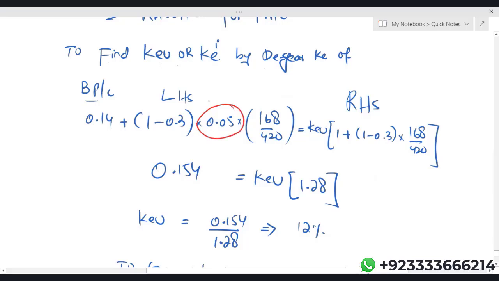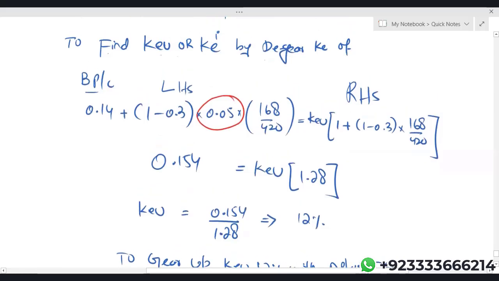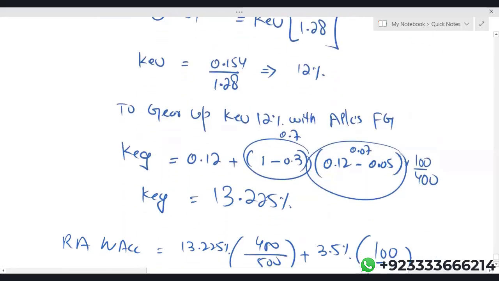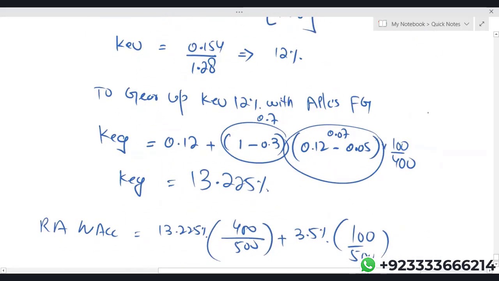When we took proxy company information, we utilized KD 0.05. So when we were de-gearing, we used KD 0.05. And here we are gearing up. Look at this. Again, KD I'm using 0.05. Now please listen to me carefully. In MM plus tax equation, while de-gearing and gearing up, KD remains same. That is the assumption of MM.